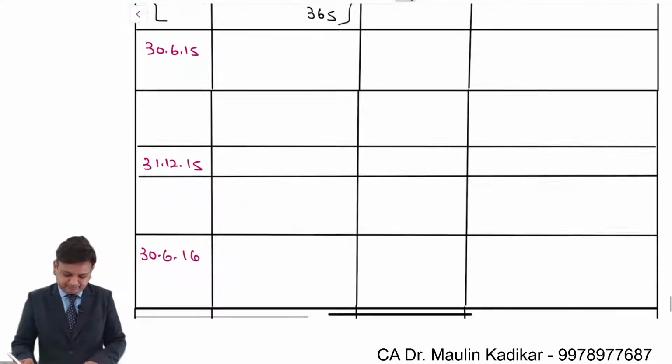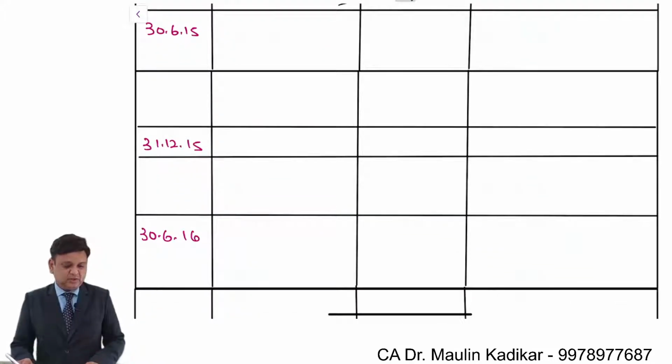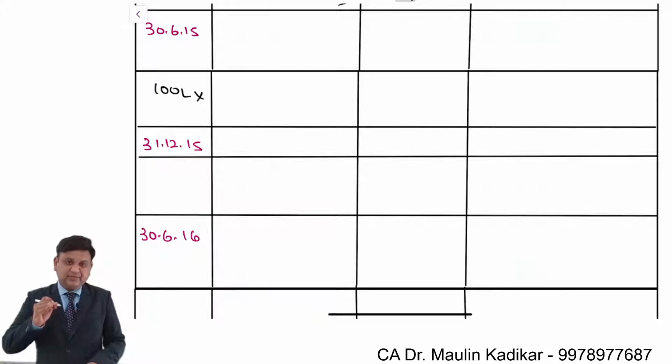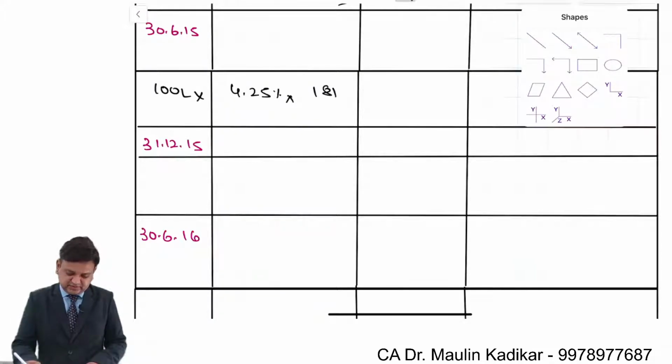Next, 30th of June 15, then in that case it is 100 lakhs into 3.75 plus 0.5, that is 4.25 percentage into 181 divided by 365.